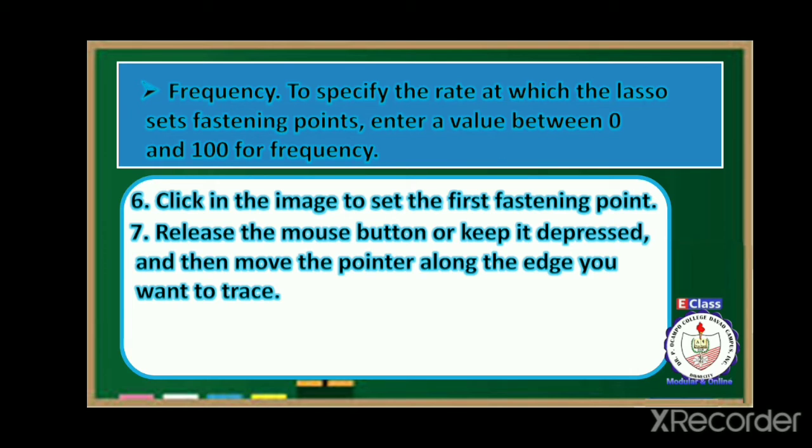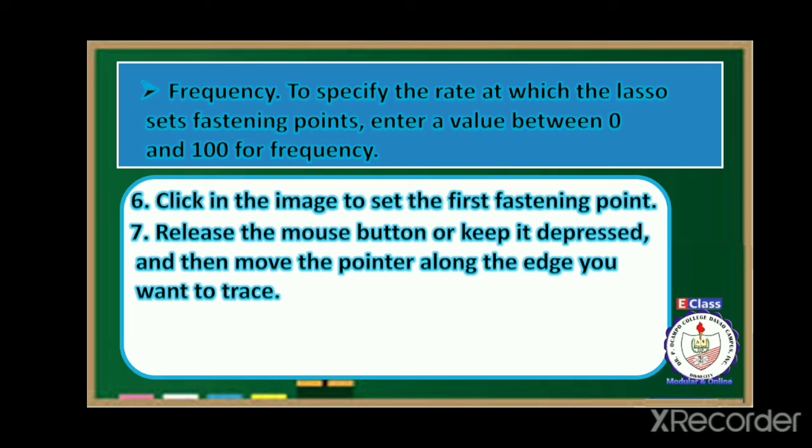Now, here are some quick tips. The most recent segments of the selection border remain active. As you move the pointer, the active segment snaps to the strongest edge in the image, based on the detection width set in the options bar.